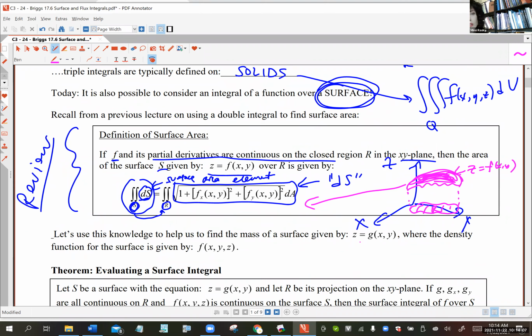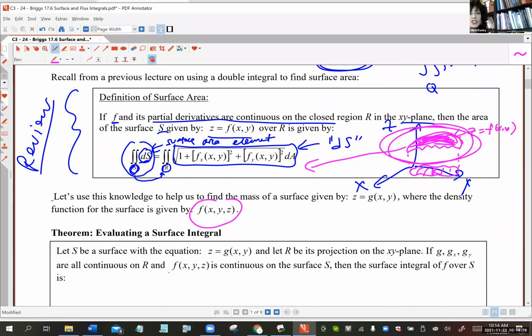Now we're going to use this knowledge to help us define the mass of this capping surface. So if they gave you a density function for that capping surface, so here's the density function, and we're going to change some of our notation. This is where it gets a little confusing, and I apologize, but we're going to change our f to a g. What? Yeah, we first had our capping surface represented by f(x,y). So if you don't mind, we're going to change that f to a g. Well, how come?